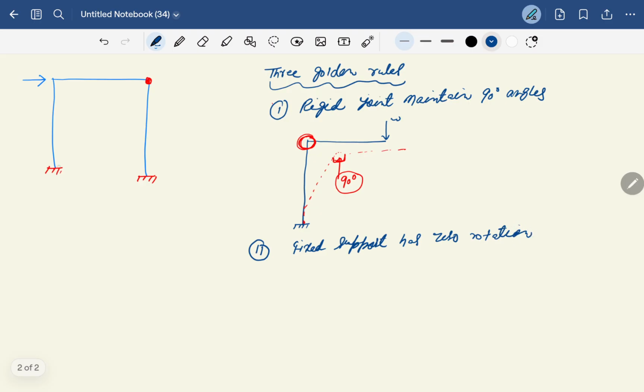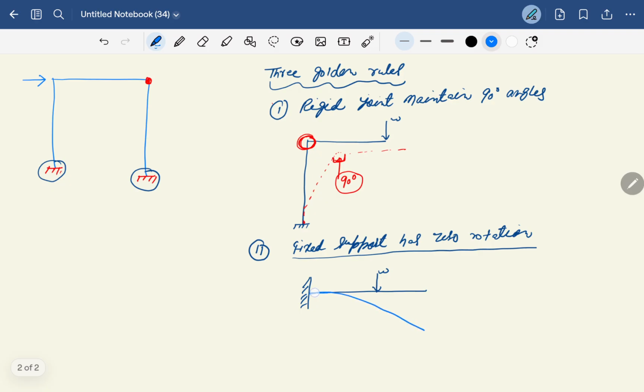What is a fixed support? See, this is your fixed support. Suppose this is your fixed support and this is your beam, and one load is coming here like this. Always remember that a fixed support has zero rotation, meaning there will be a deflected shape like this, okay.